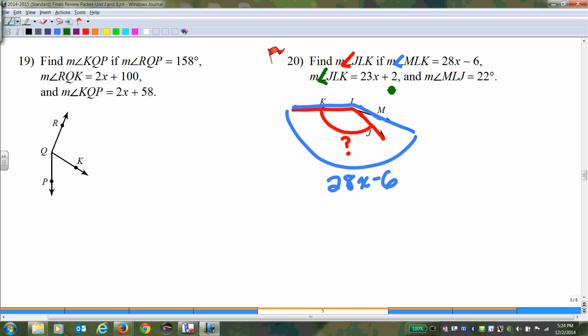And JLK, we are told, is going to be this equation right here, 23x plus 2. And finally, MLJ is 22.